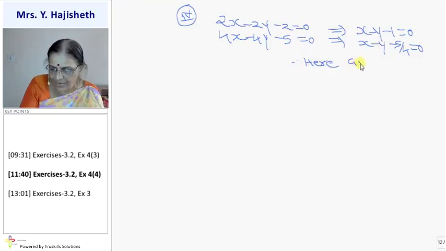So a1 by a2 is b1 by b2 is not c1 by c2. So equations are inconsistent.